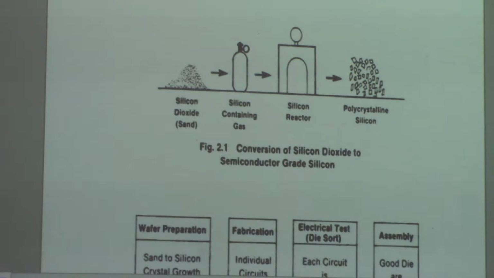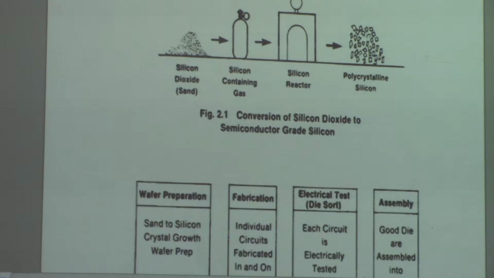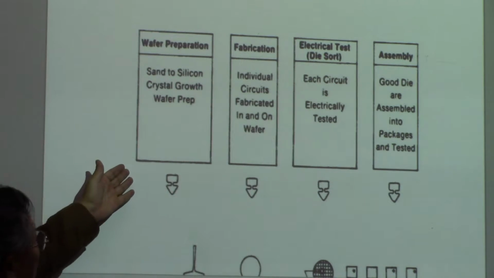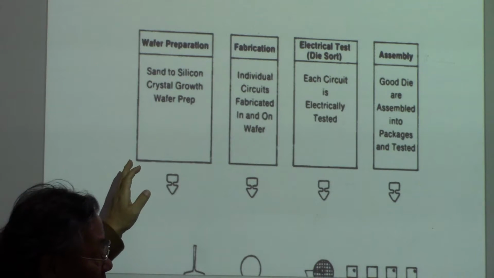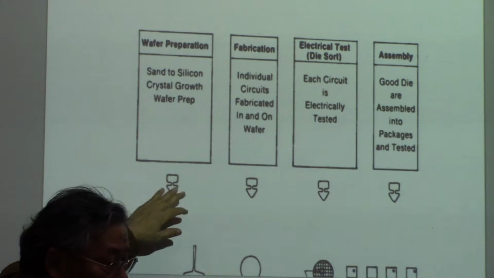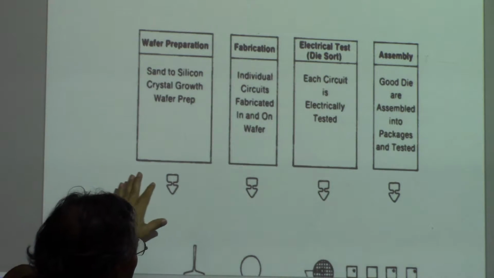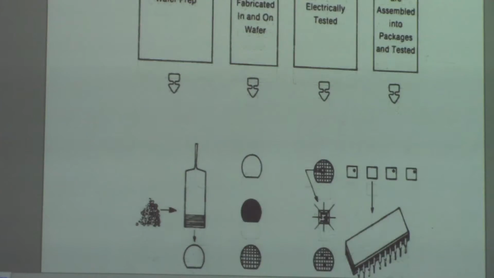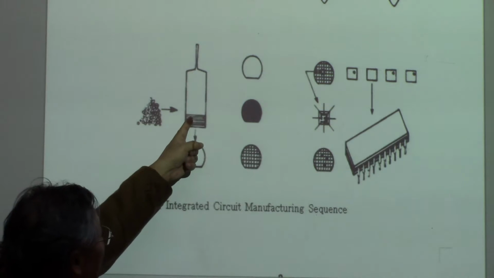And then, since the polycrystal has so many defects, like grain boundaries and so forth, we want to eliminate those defects, and we have to do the wafer preparation. And chapter 1 of this class is going to be the wafer preparation, the single crystal growing, okay? And then we call this an ingot, okay?